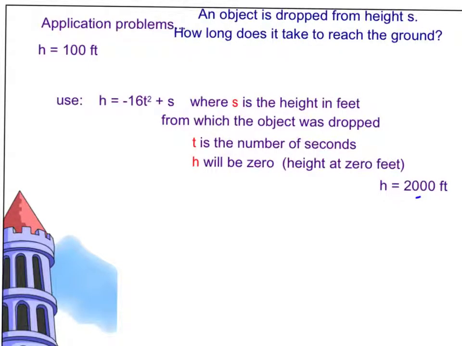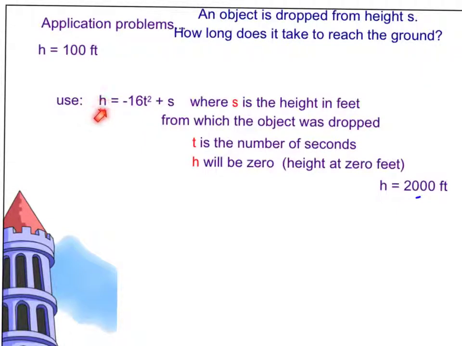There are actually many real-life situations that use a quadratic to solve, and the formulas are usually given to you. In this case, this is a formula for how to find, for an object dropped from height s, how long it takes to reach the ground.